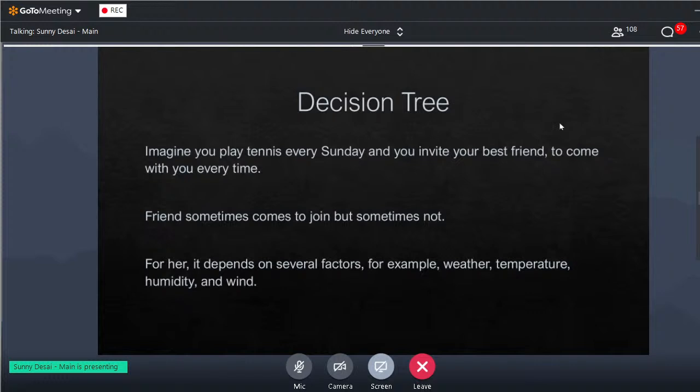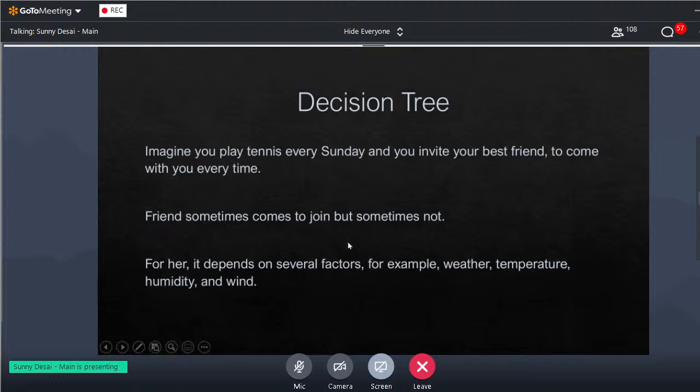So that's why we think your friend has some logic in her mind, and based on that logic, she doesn't come out to play with you every time. And that is what we are trying to understand with the help of a machine learning model. And in this case, it's known as a decision tree. So let's go forward and see how a decision tree works.